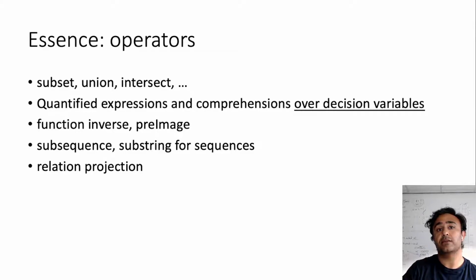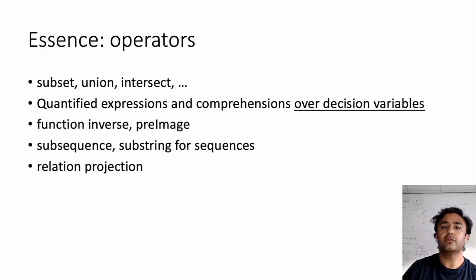Quantified expressions and comprehensions, specifically over decision variables. So not just a comprehension over a static set of values, it can be a comprehension over a decision variable. So you could say, find me a set such that the sum of values coming from this set, a function applied to each member, is less than a capacity, for example.